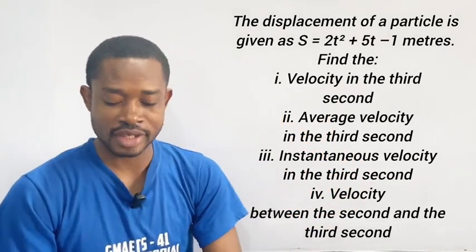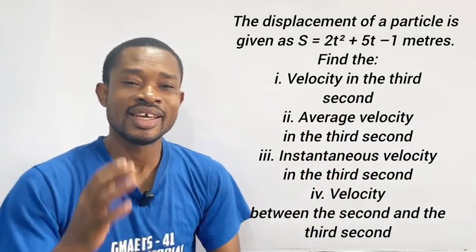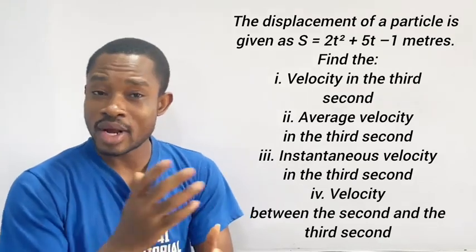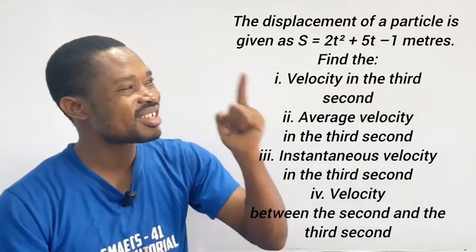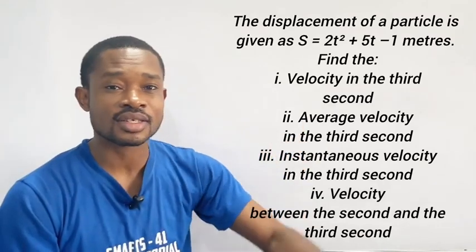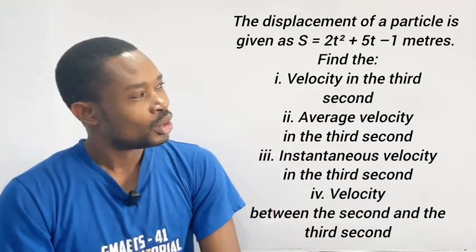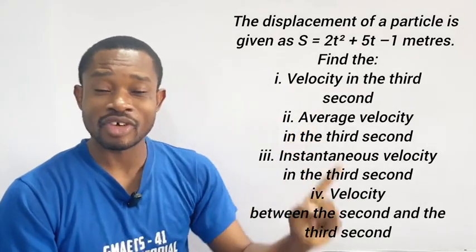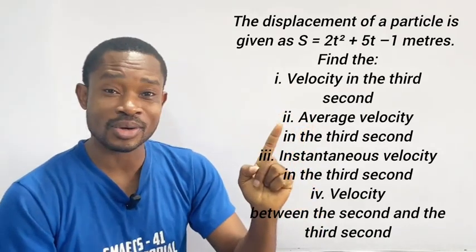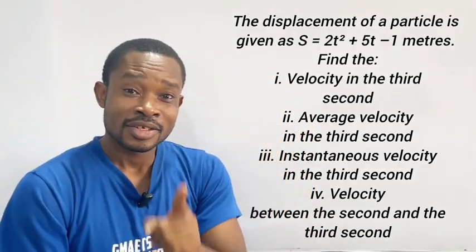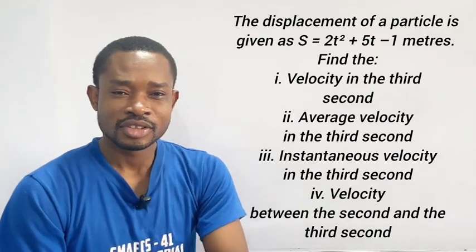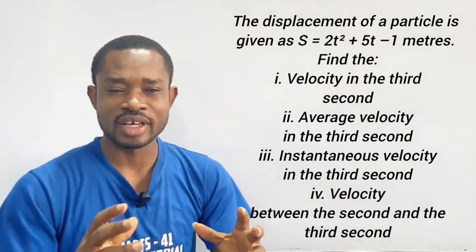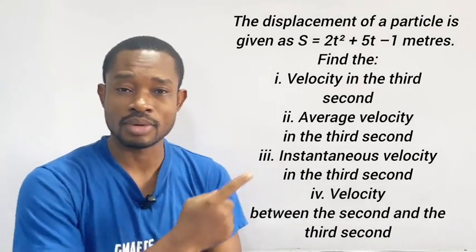You are asked to find the instantaneous velocity in the third second as well as the velocity between the second and the third second. You think that all of these velocities are going to give you the same result? Stay glued to this tutorial as we quickly see how you demystify this problem.